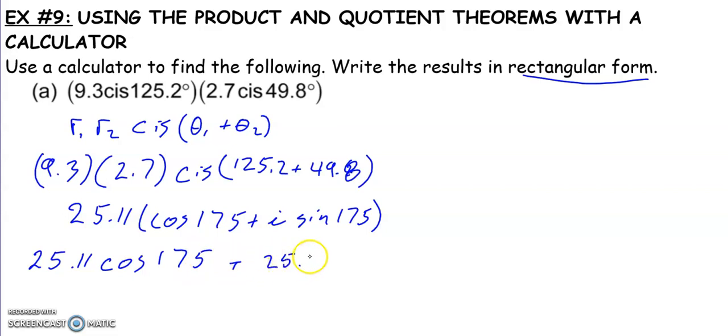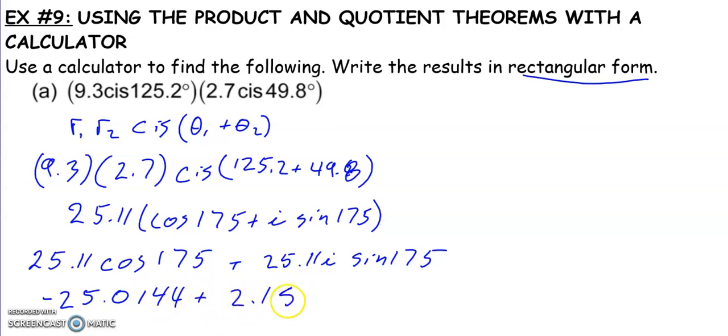I'm going to say 25.11 cosine of 175 plus 25.11 i sine of 175. Then I'm going to put this into my calculator just like it says. 25.11 times the cosine of 175 is going to give me negative 25.0144 plus 2.1885 i. Boom, easy peasy.